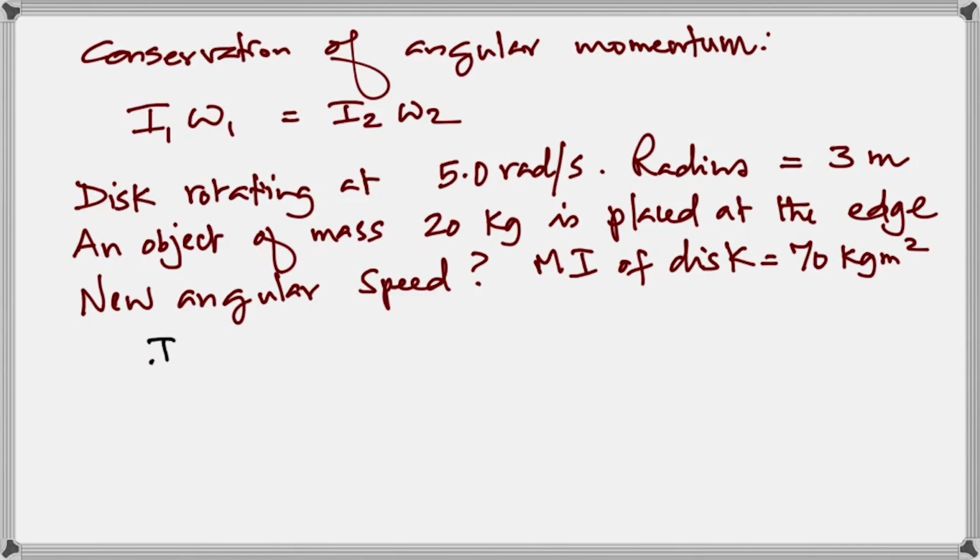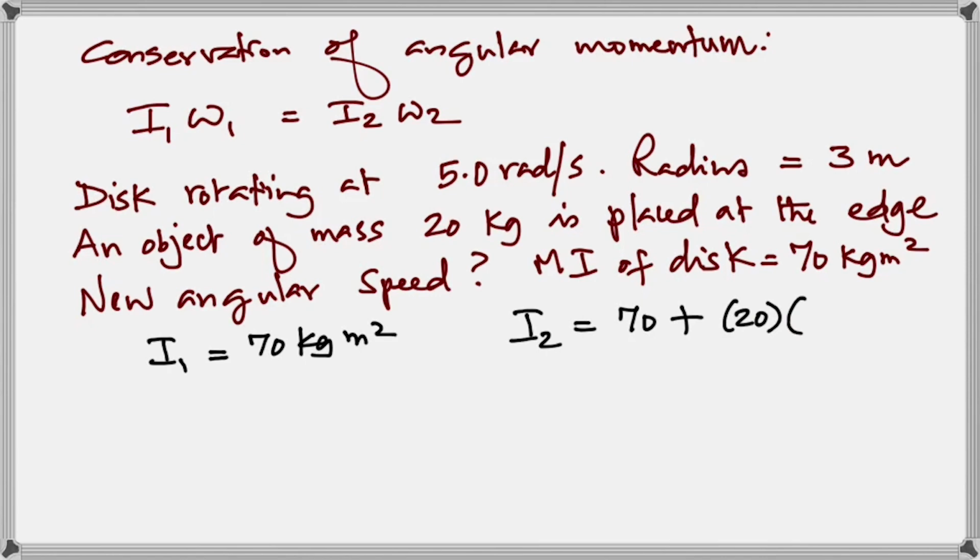So when you substitute, I'm just writing it down. I1 is the rotational inertia of the disk, which is 70 kilogram meter squared. And then you have I2, which is 70 plus mr squared, mass times the radius squared. And because that object is kept at the edge, we know that the distance is 3 meters, exactly the radius of the disk.